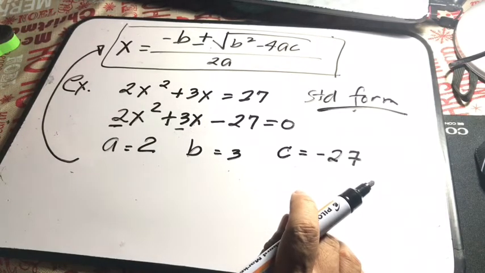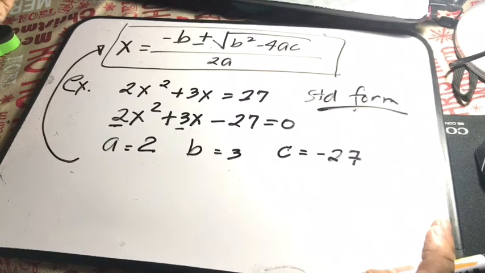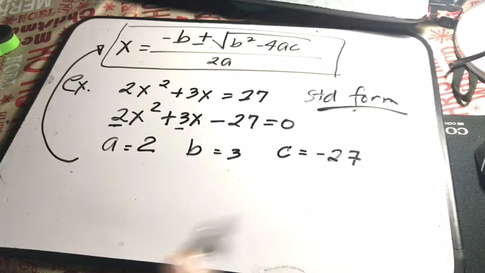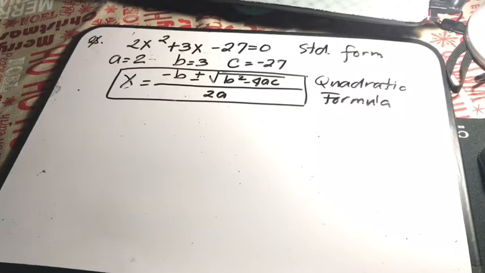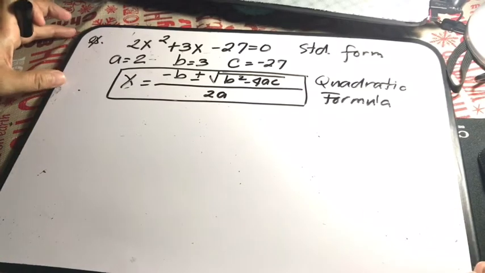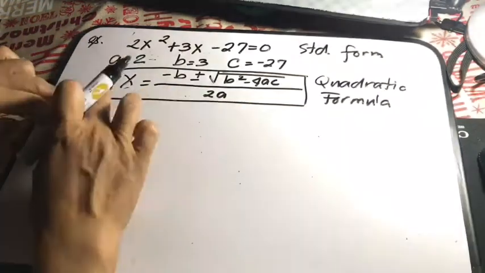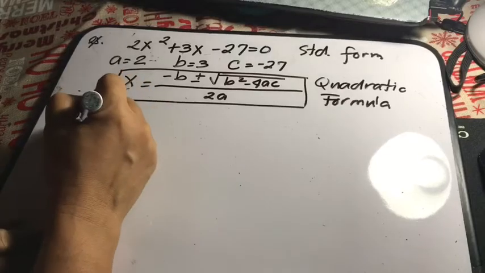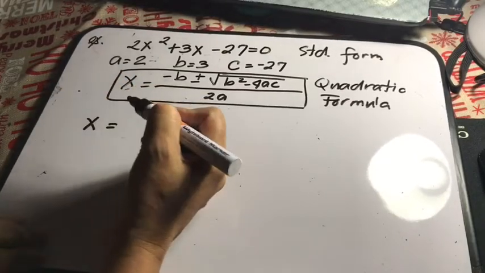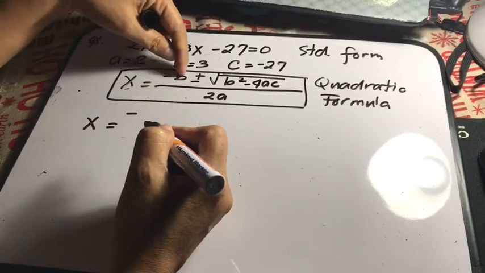x equals negative b plus minus the square root of b squared minus 4ac all over 2a. So, let us substitute the values of a, b, and c in our quadratic formula. We have x is equal to negative, what is the value of b?